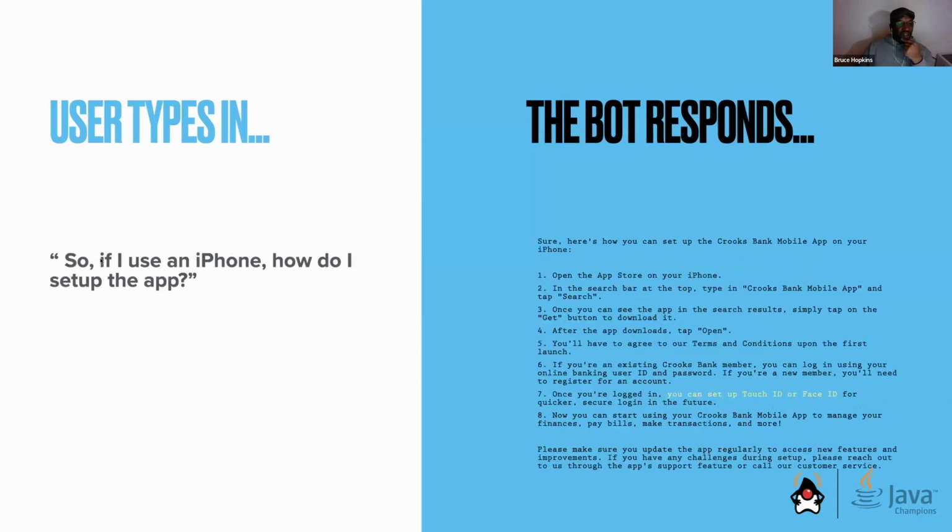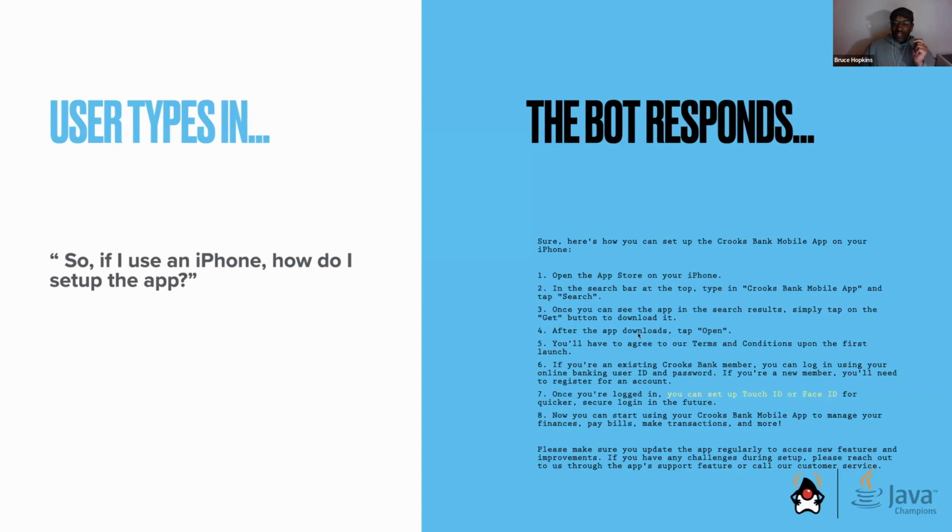Now, when I typed in, if I use an iPhone, how do I set up the app? This is where, unfortunately, things go wrong. It tells me to open the App Store, perfectly fine. Search for it using Crooks Bank mobile app, perfectly fine.